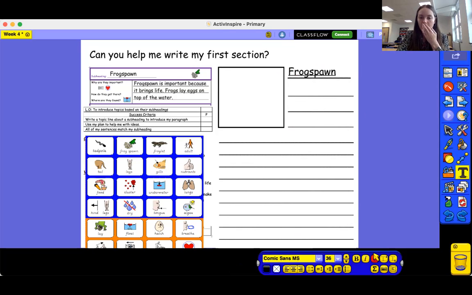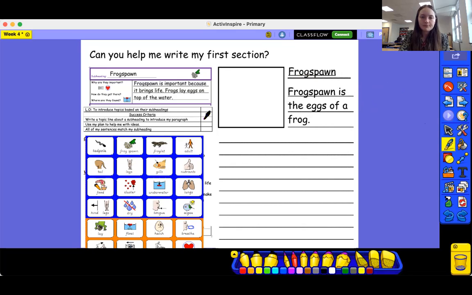So I'm going to start off by saying frog spawn is. What is frog spawn? Tell somebody in the room, what is frog spawn? Fantastic. So frog spawn is the eggs of a frog.